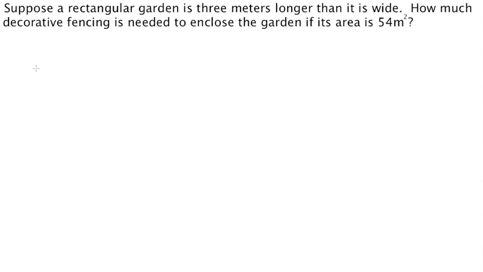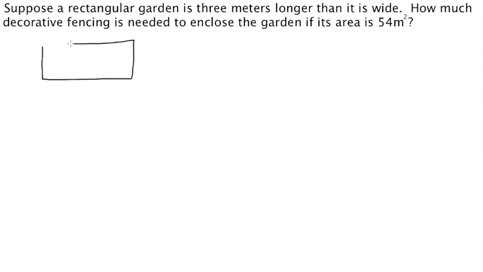I'm fairly certain that we've seen a problem just like this before. When in doubt, if you're looking at a problem and you're not sure what to do, draw a picture. You really would be surprised how frequently that helps us see what's going on with the problem. So here we're working with a rectangular garden, so let's draw a rectangle. So here's our rectangle.